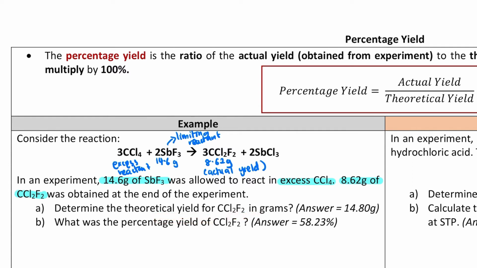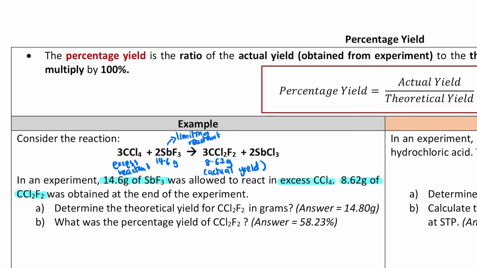First thing, as you can see, I highlighted the important points, and I put those important points on the equation itself. Next, we look here: it says 14.6 gram of SbF3, so this is its mass, 14.6 gram, was allowed to react in excess CCl4. As you can see, I labelled CCl4 as the excess reactant.